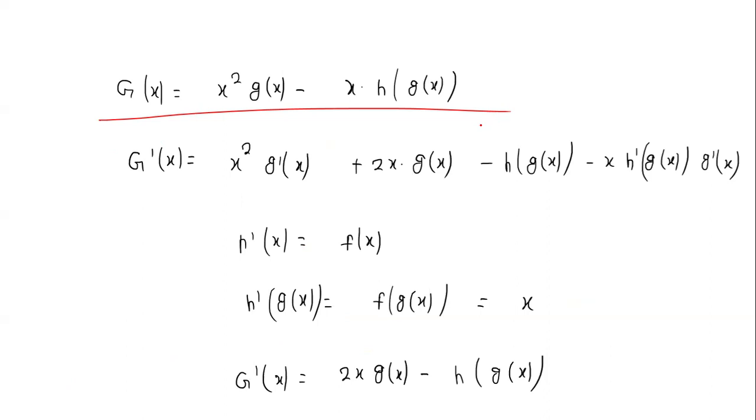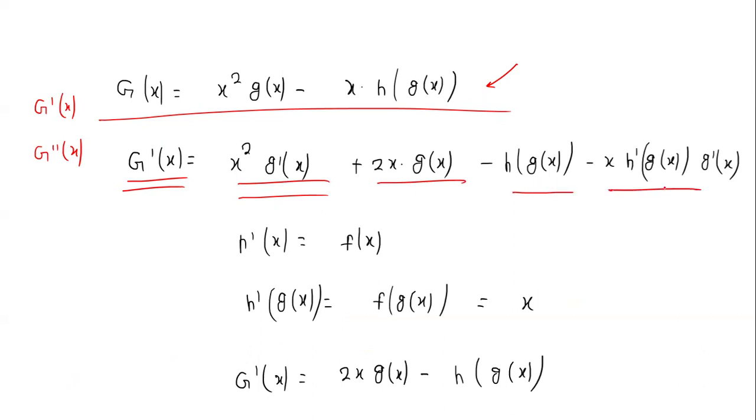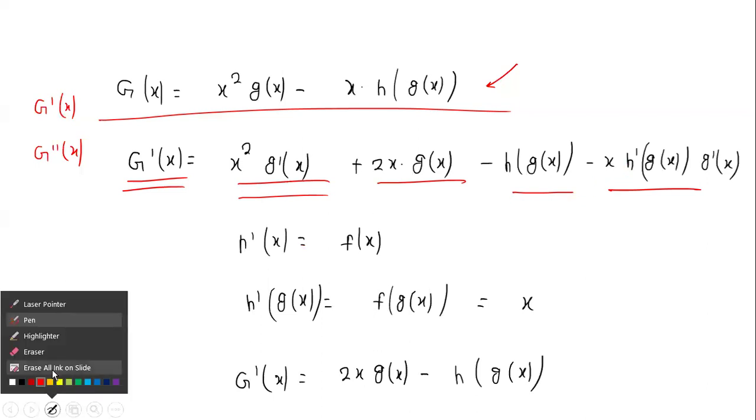So we have this capital D function which is x square g of x minus x multiplied by h of g of x. So we need D dash x and D double dash x. If you calculate capital D dash x, this is equal to x square g dash x plus 2x g of x minus h of g of x and minus x multiplied by h dash g of x multiplied by g dash x. So simple differentiation.